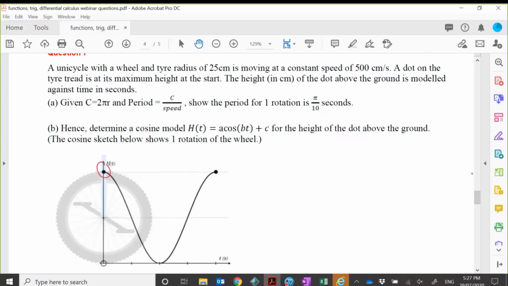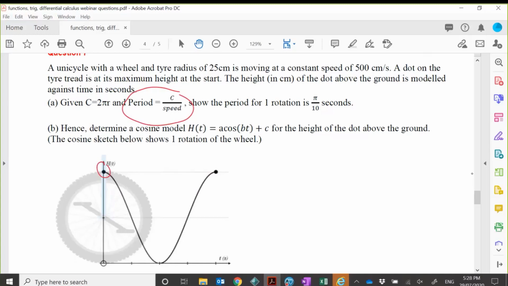All right, part A. We're told that the period is equal to circumference divided by speed. Show that the period is pi over 10. Okay, so we've got to show that the answer is going to be pi over 10. Now, there is our formula for period.